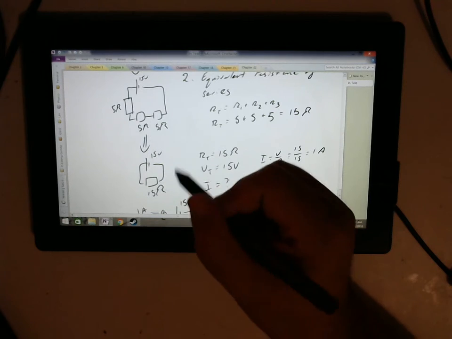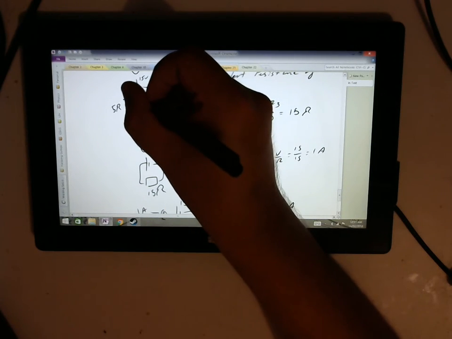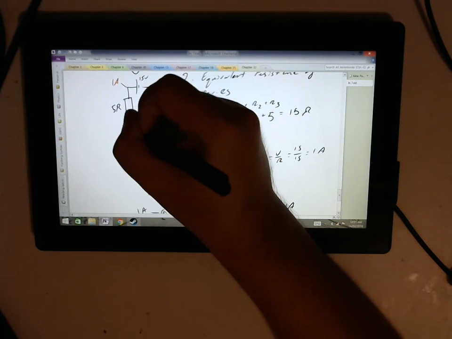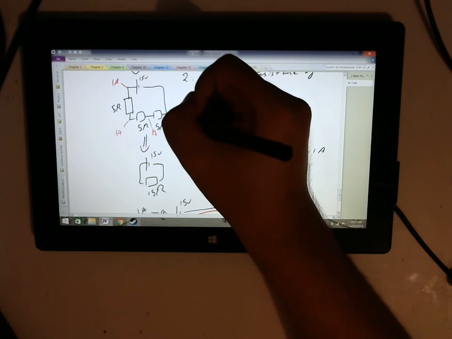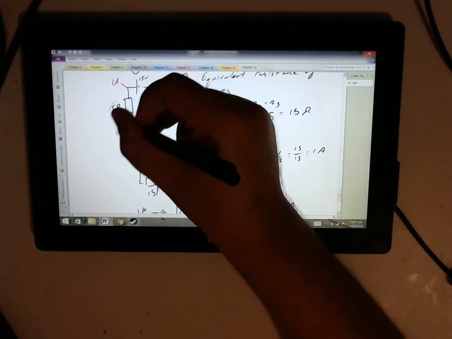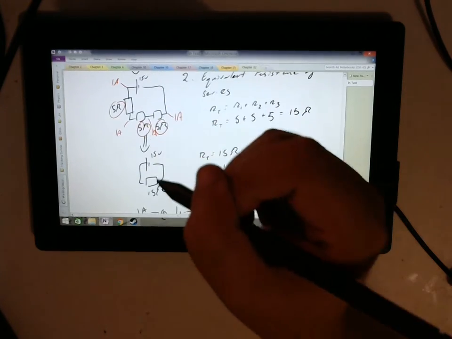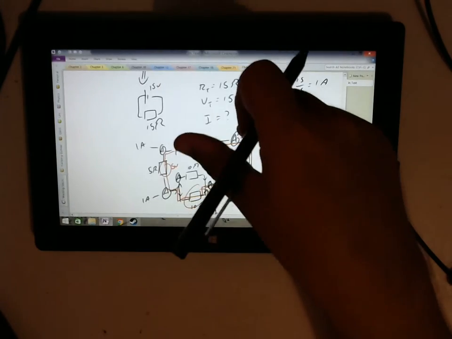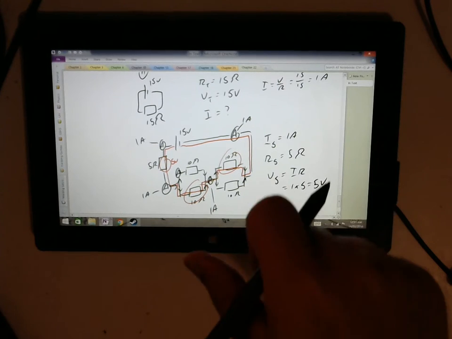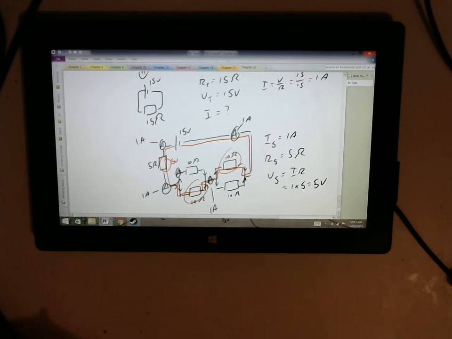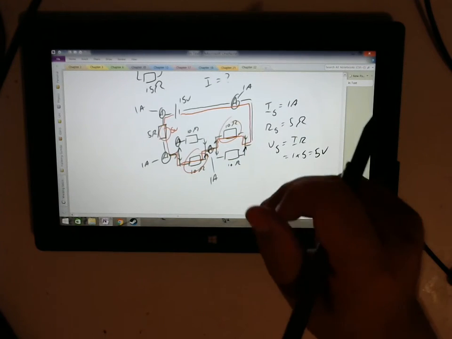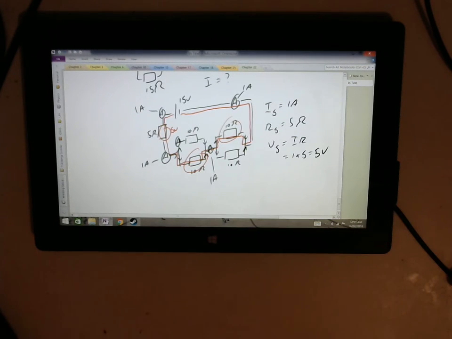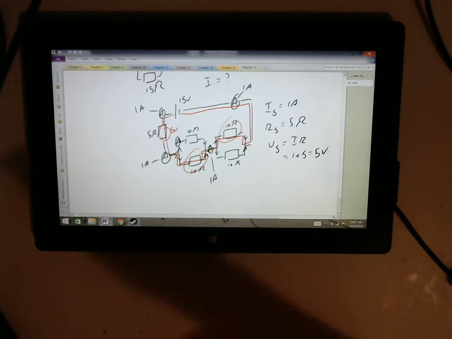Here we'd have 1 ampere, here we'd have 1 ampere, here we'd have 1 ampere, here we'd have 1 ampere, and we've got 5 ohm resistors on each of them. We can see it's going to be exactly the same thing we did there. It's got a resistance of 5, it's got a current of 1. So the voltage drop across each of these equivalent resistances must equal 5.